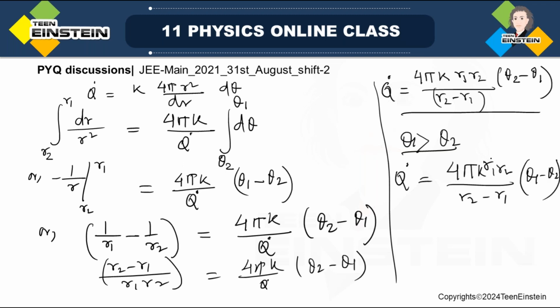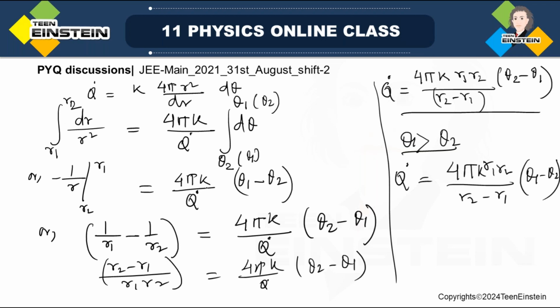In fact, in that case, this limit will be theta 1 to theta 2. Okay, theta 1 to theta 2 limit, when you go from, and here actually you have to write this limit as r1 to r2.